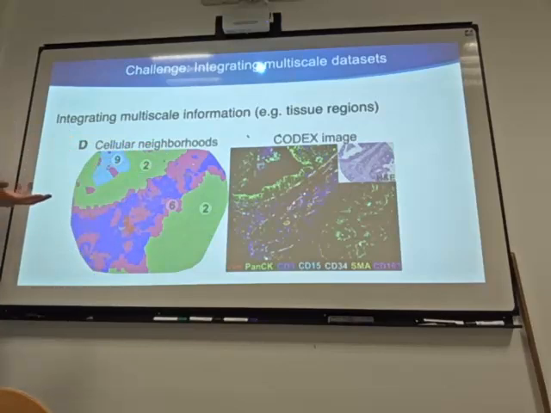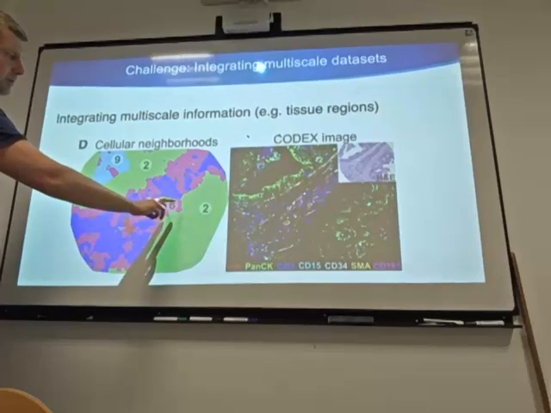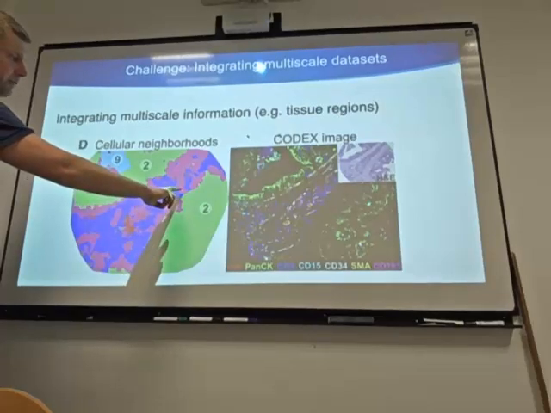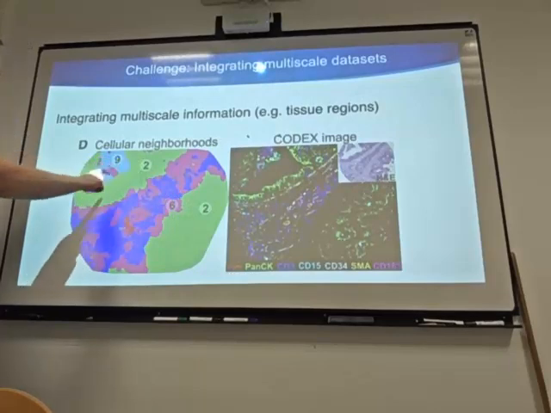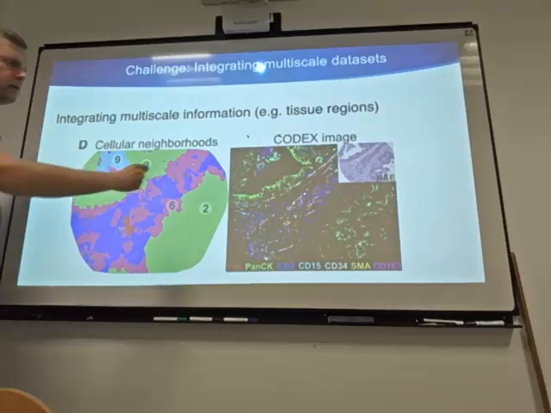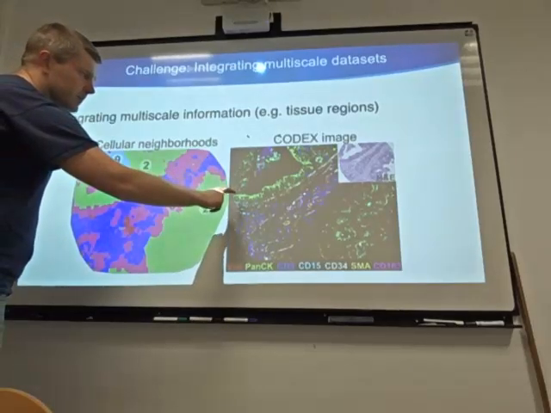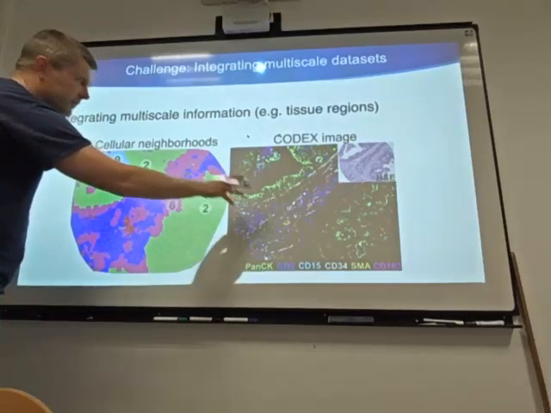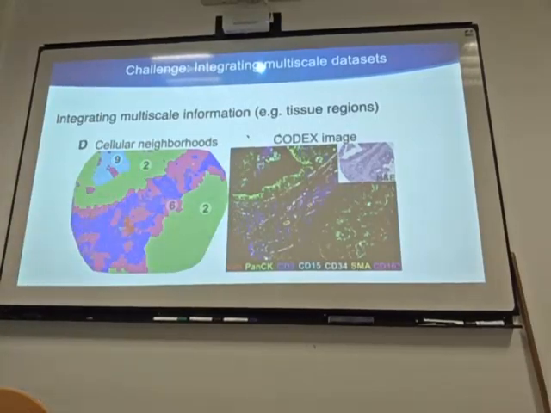And it becomes increasingly clear that the relation between these regions, like 6 and 2, or 9 and 2, etc., and the localization of cells inside this neighborhood is important to decide whether, for example, the cancer is of stage 1, 2, 3, 4.